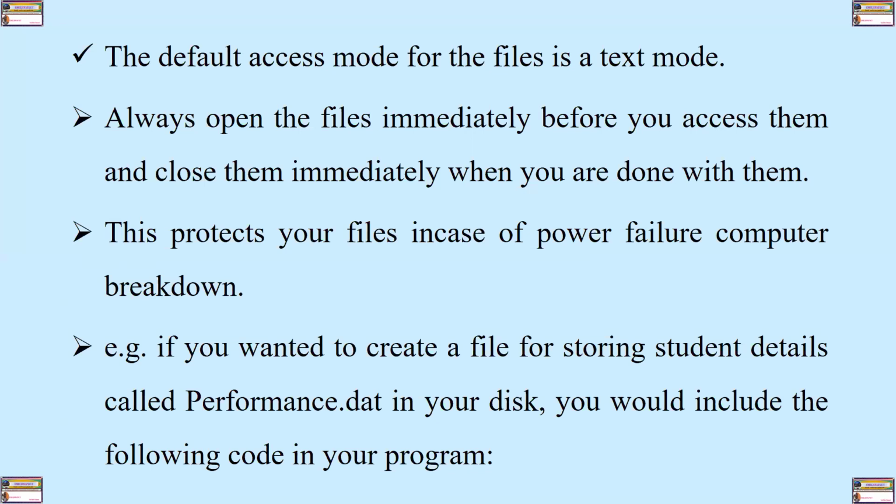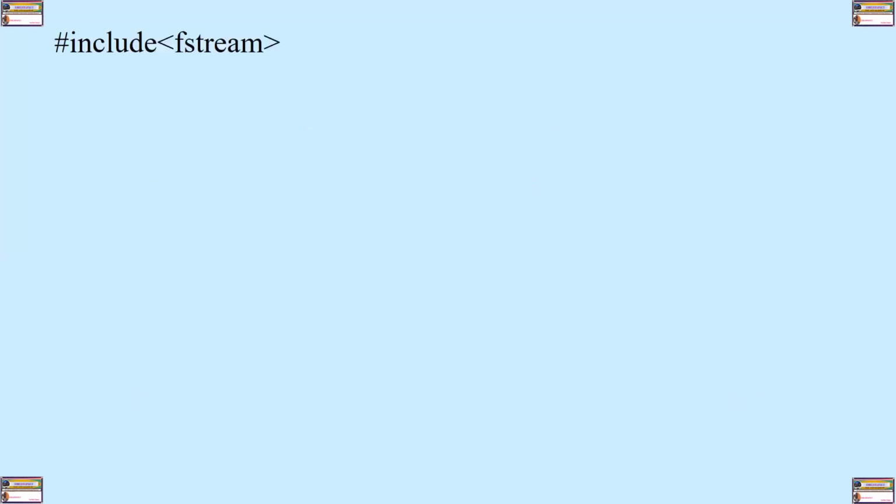For example, if you wanted to create a file for storing student details by the name performance.dat in your disk, you would include the following code in your program. Whenever your program is going to be handling files, the header file which contains the functions for manipulating files is fstream.